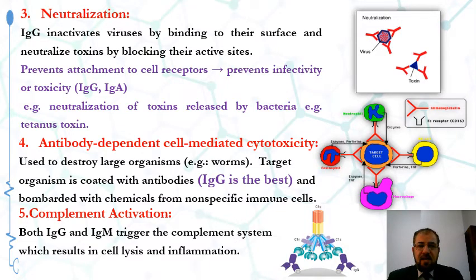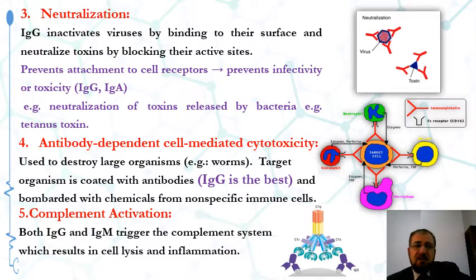So the IgG antibodies or sometimes the IgA antibodies prevent attachment to cell receptors, because the viruses need to attach to cell receptors for infection, and the toxins need to attach to cell receptors to cause toxicity to those cells.